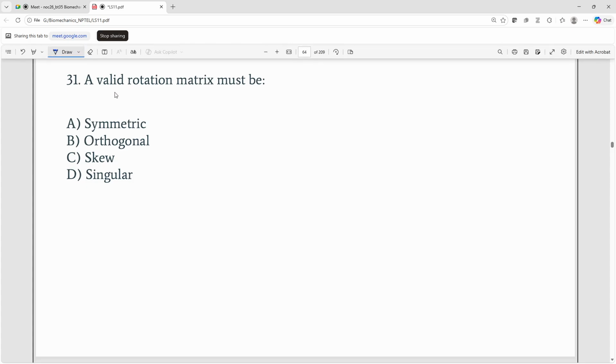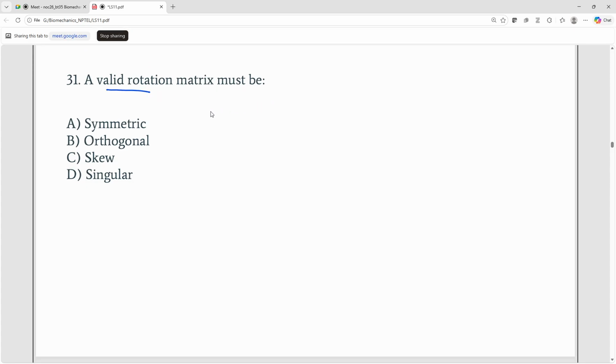Next question: a valid rotation matrix must be what?